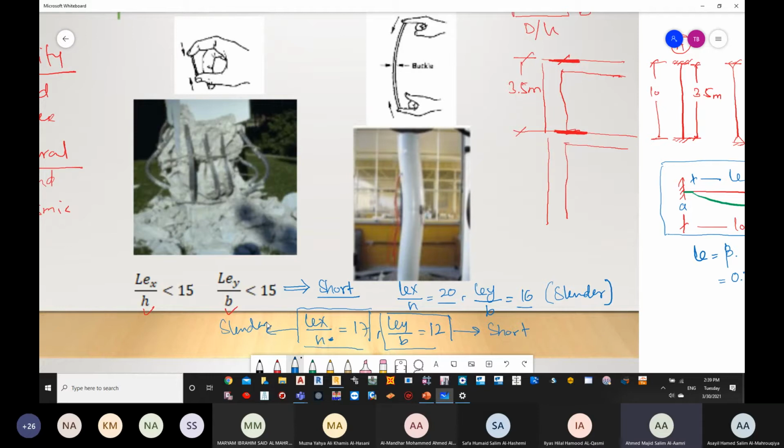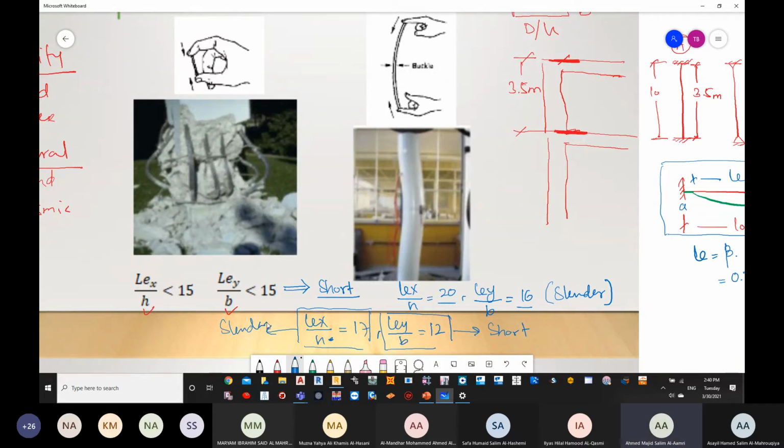Once again, if both ratios are less than 15, then it is going to be short. If any one of them is equal to 15 or more, by the way, equal is considered slender. If both are equal to or more than 15, then both directions should be designed as slender.